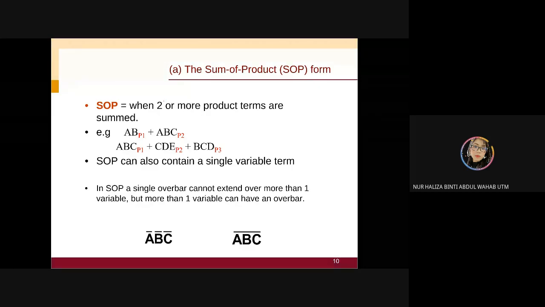Last time we already took a look at SOP. If you have two or more product terms summed, this is a product, this is a product, at least two products you sum together. This one is three products you sum together.